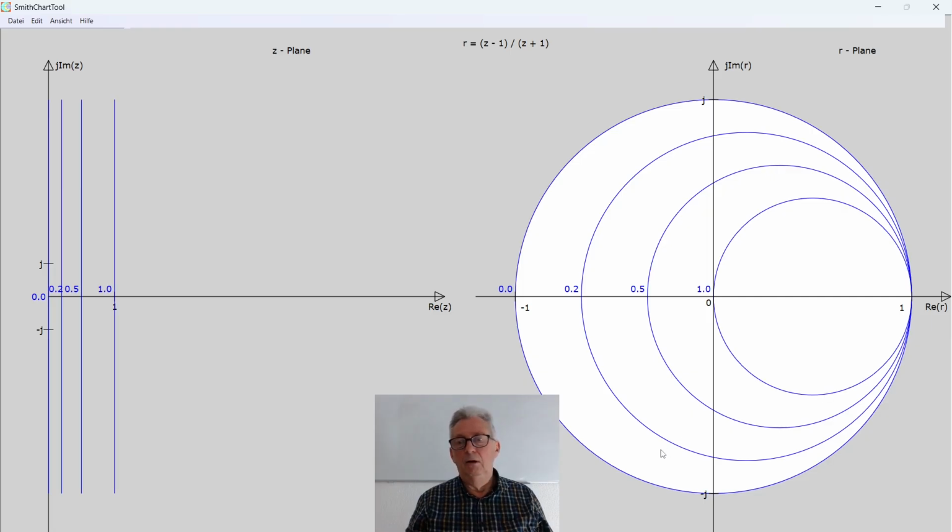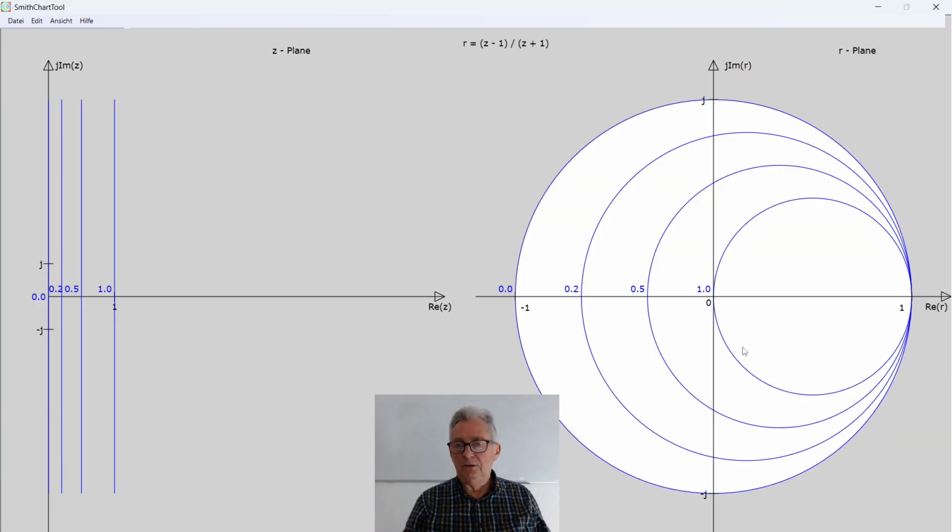Next we can look at a very important circle in the Smith chart. This is the one circle, which means on this circle we have the real part 1, and this is mapped onto this circle here, which again means that on this circle we always have the real part 1, but a changing imaginary part. This is the so-called one circle.